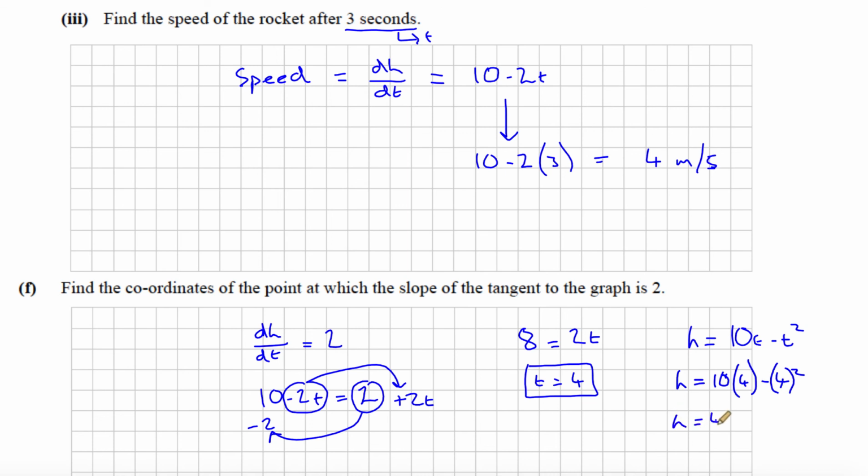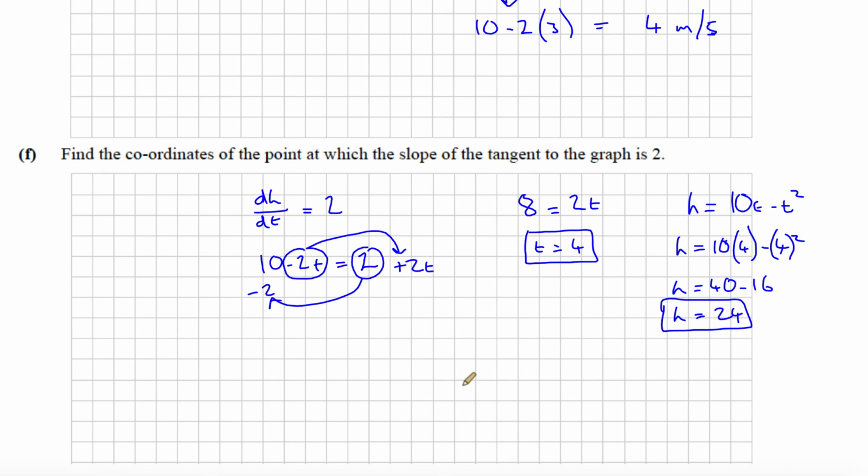And that gives me 40 minus 16, which is 24. So when t is 4, h is 24. So the coordinates of the point where the slope of the tangent is 2 is (4, 24), (t, h). So that's the end of part F and the end of the question.